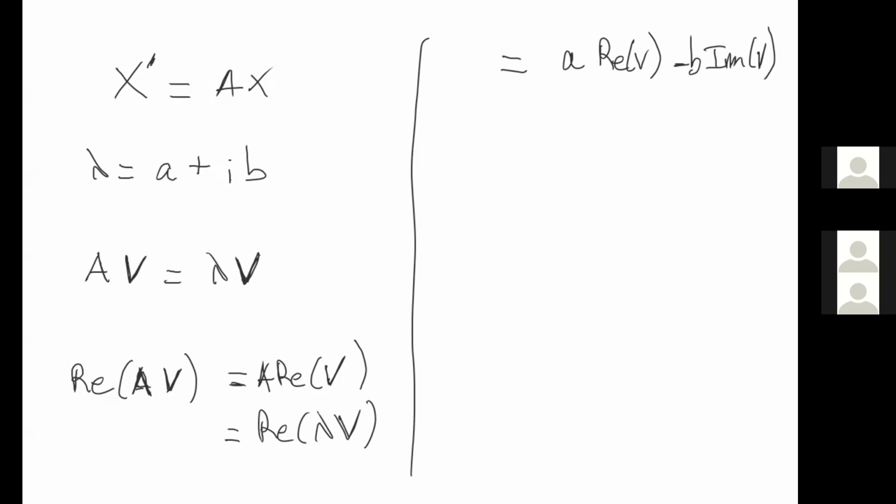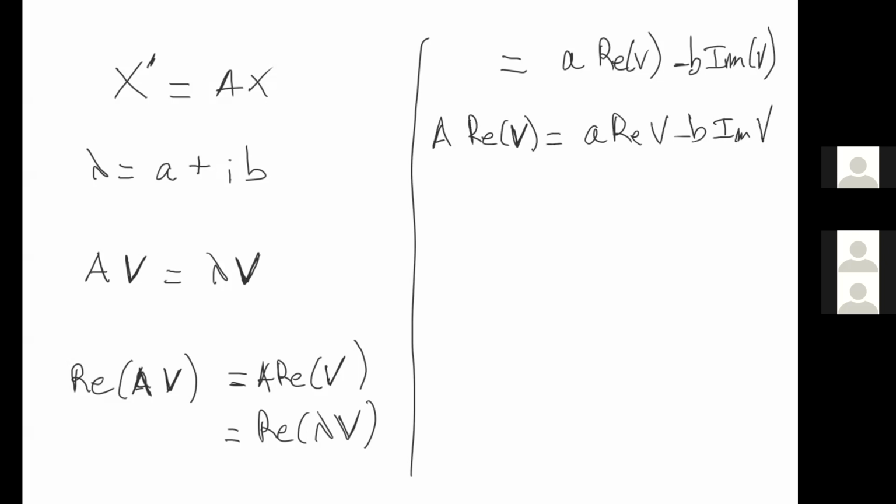So A times the real part of v equals a real part of v minus b imaginary part of v.